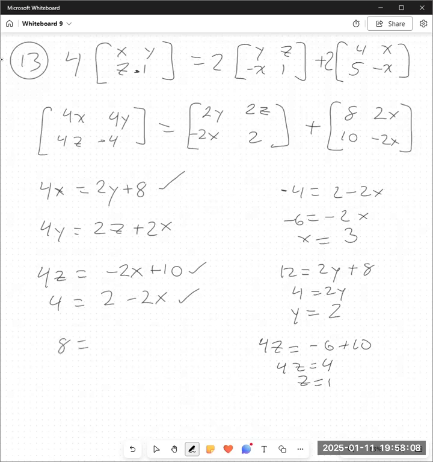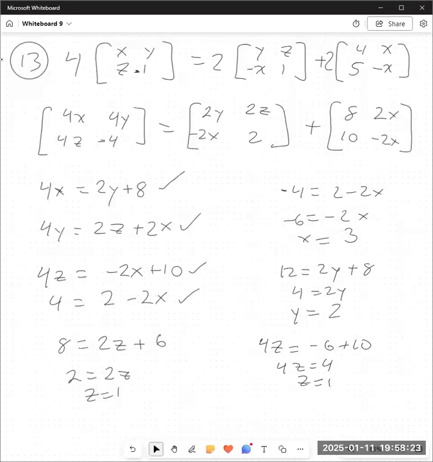So 8 equals 2z plus 2x, which is 6. 2 is equal to 2z, and z is equal to 1. So that checks out. My answer here is x is 3, y is 2, and z is 1.